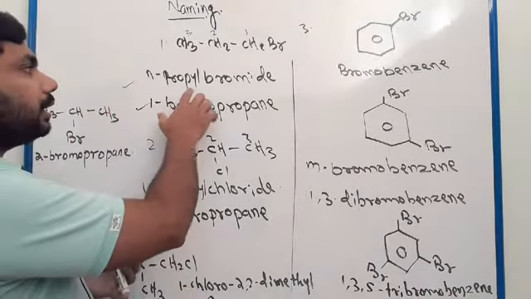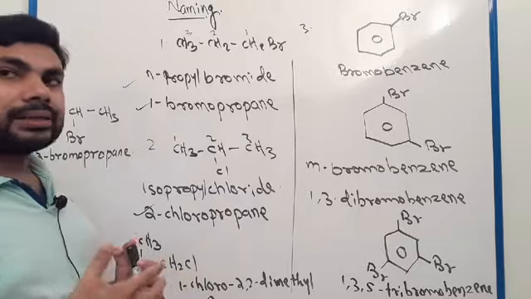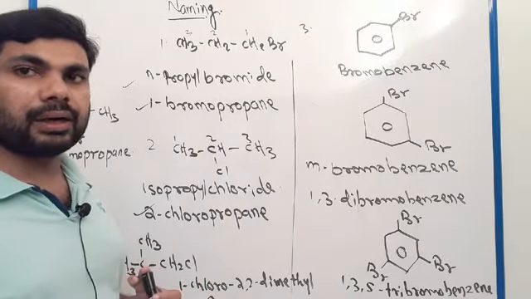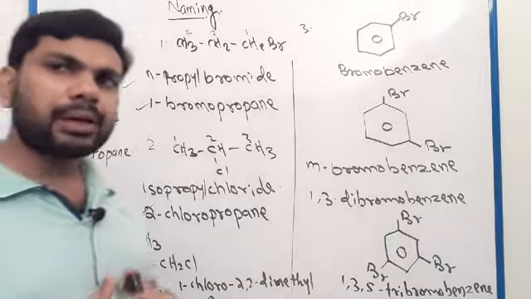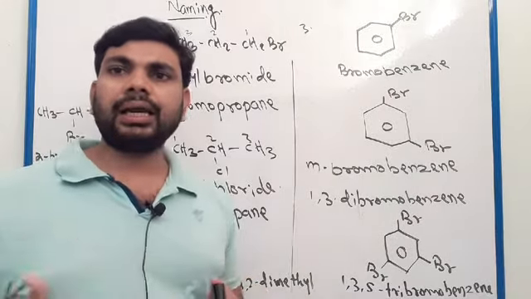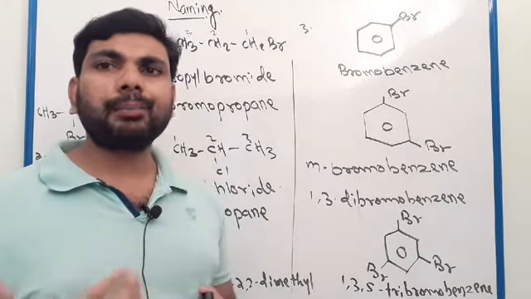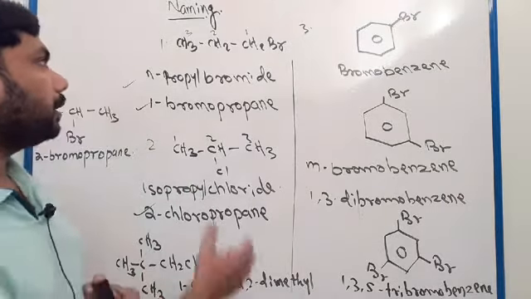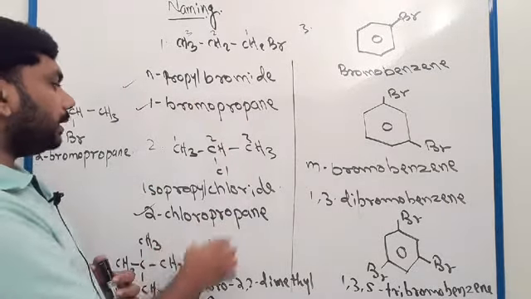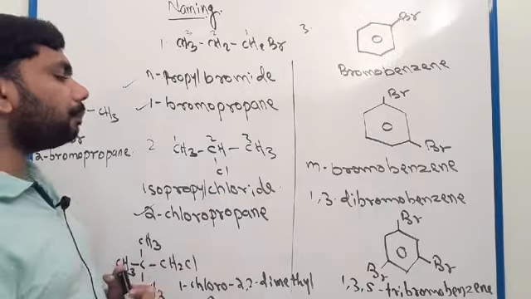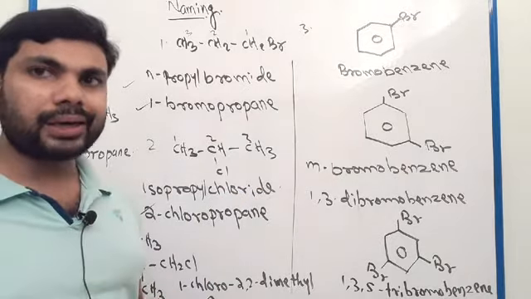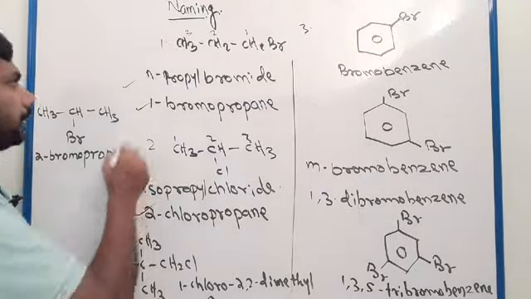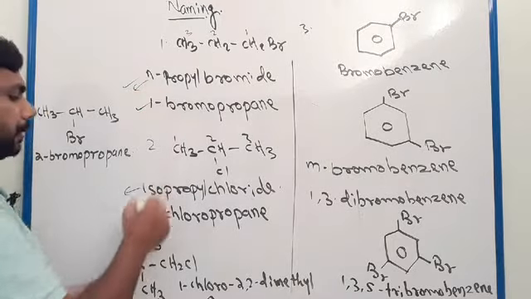Here the common name comes like this, alkyl halide: propyl bromide, propyl chloride. Okay, this is the common name. Here n-propyl bromide, here isopropyl chloride. Clear? These are common names and these are IUPAC names.